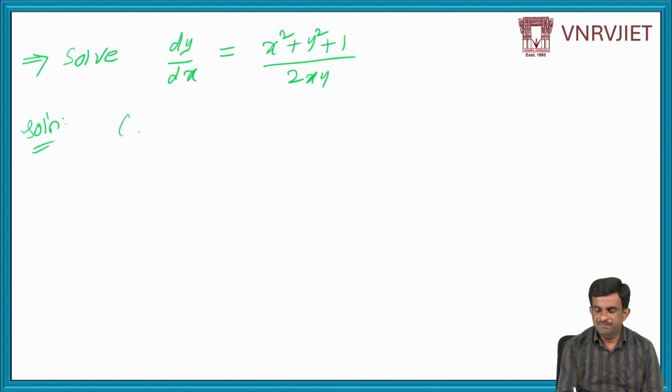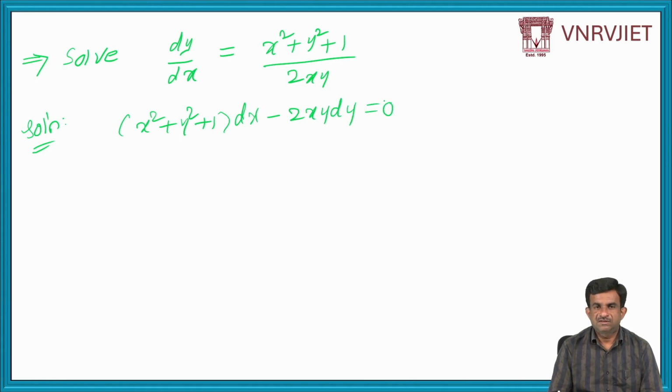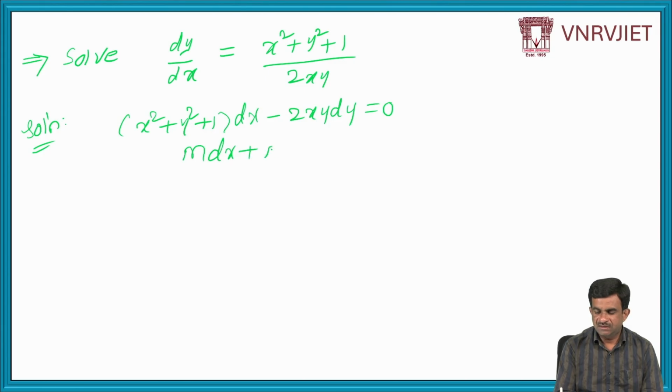After simplification, we can write it as (x squared plus y squared plus 1) dx minus 2xy dy equal to 0. So M is equal to x squared plus y squared plus 1 and N is equal to minus 2xy.